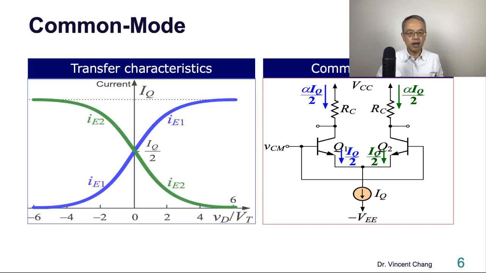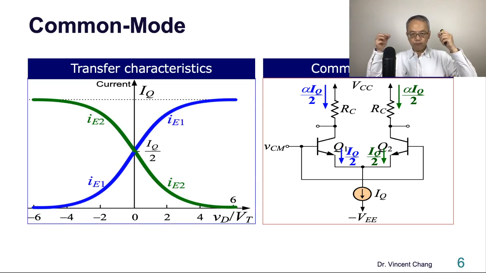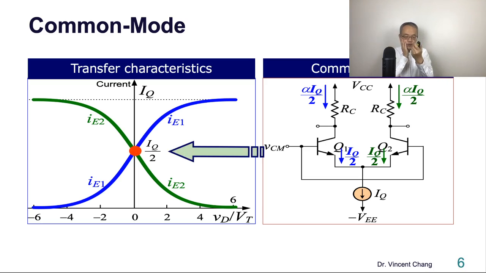If you look at the transfer characteristic, when VB1 equals VCM and VB2 equals VCM as well, then the difference VD is 0, which means the circuit operates at the red point.